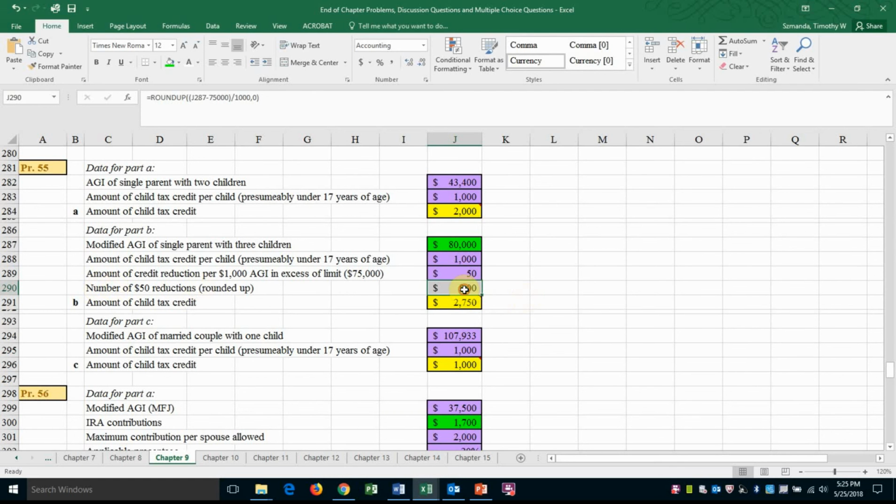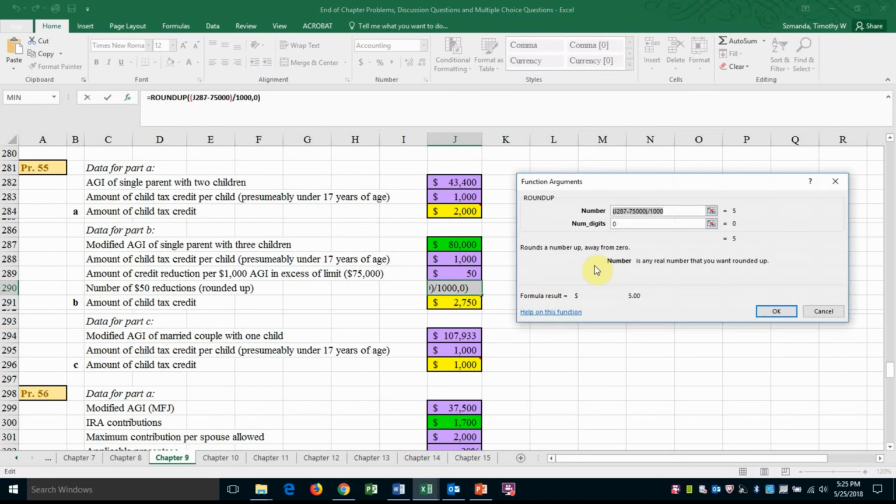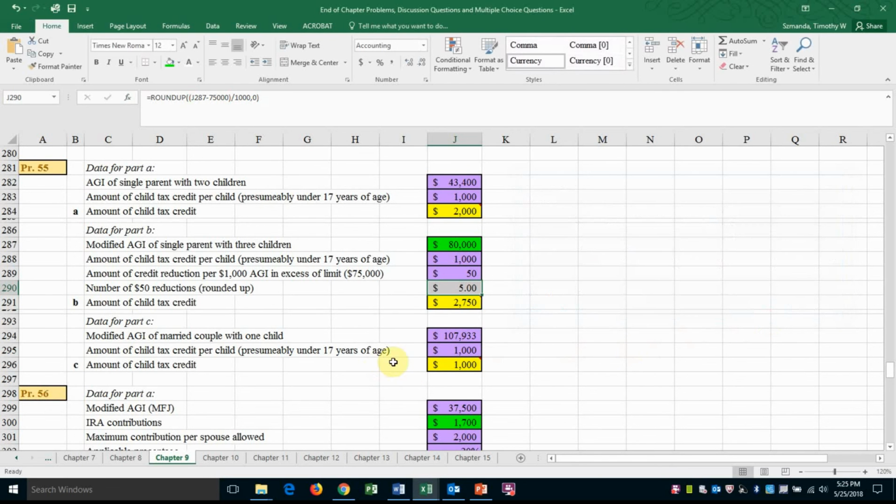Using the numbers in the text, we have determined that the calculation is, we're going to take the modified AGI of 80,000 minus or deduct the threshold of 75,000 and then divide that by 1,000, and that equals 5. So we'll have 5 $50 reductions from the full credit.